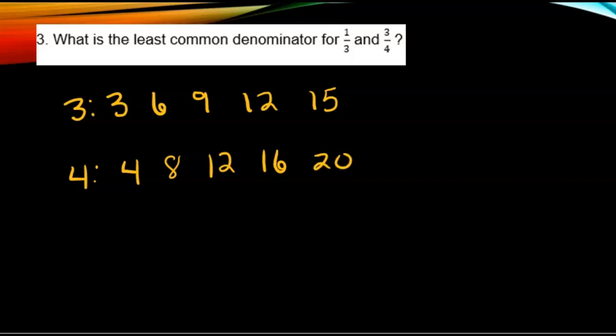Now you have to compare the two lists and find the smallest number that they both have in common.